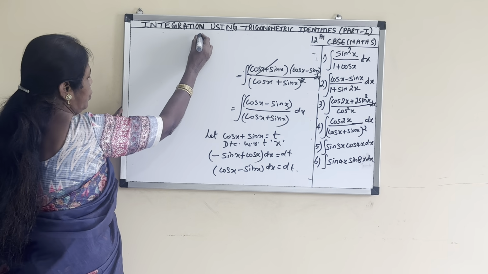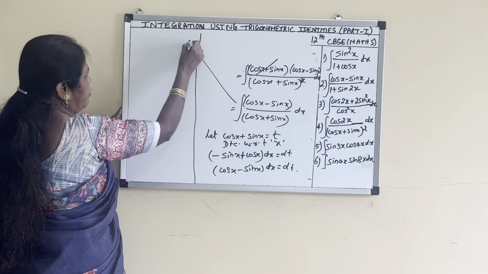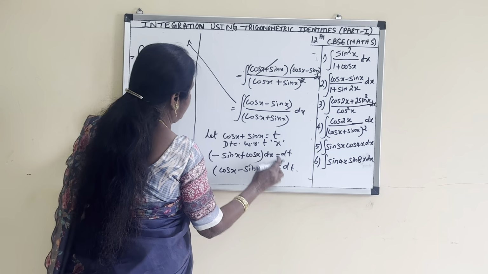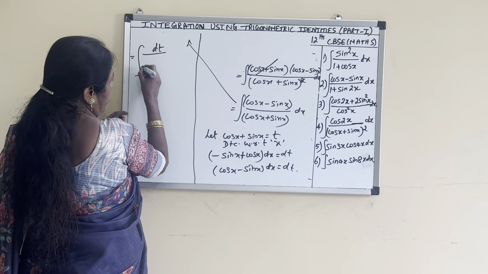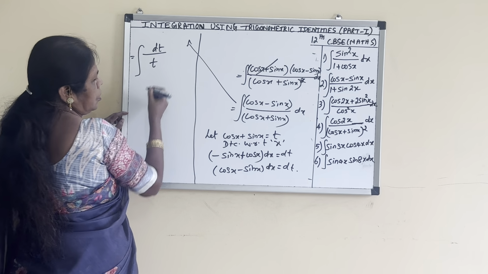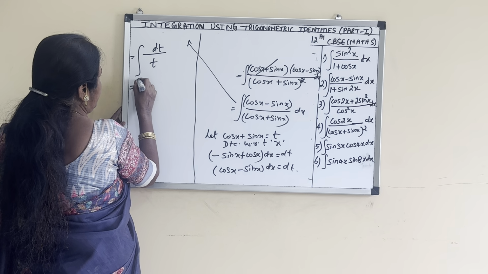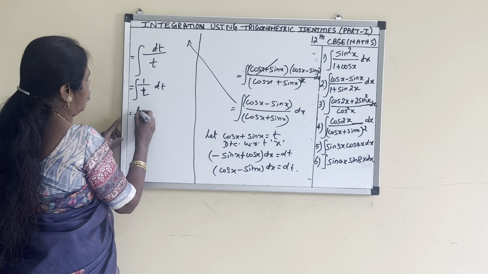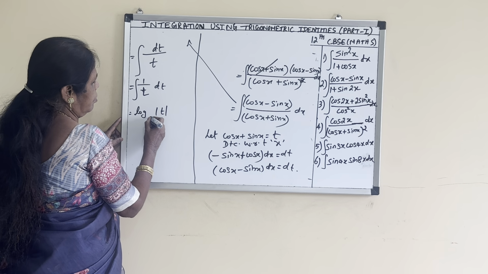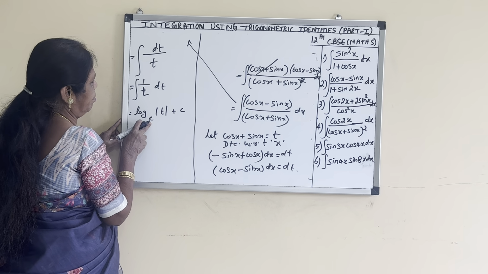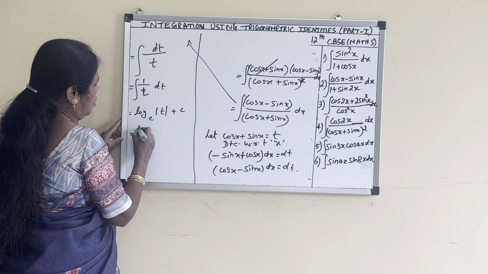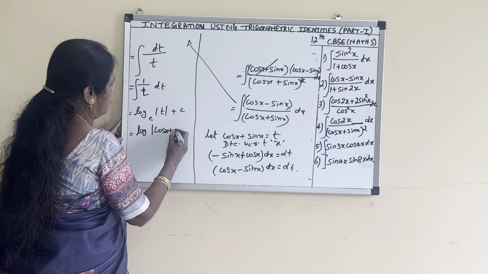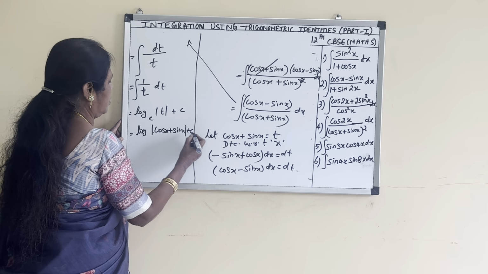Now I am going to substitute in that integral. Integration of cos x minus sin x into dx is dt divided by t. So that is integration of 1 by t dt, which is nothing but log of modulus of t, the base will be e, plus c. The base should be a bit down. So log of modulus of t, where t is cos x plus sin x.